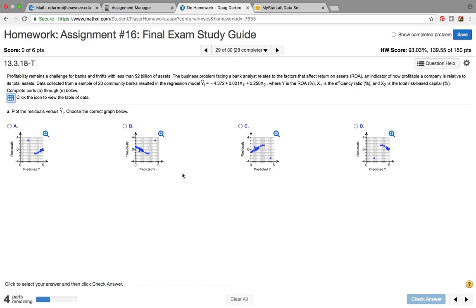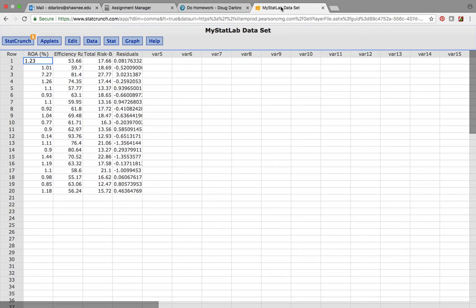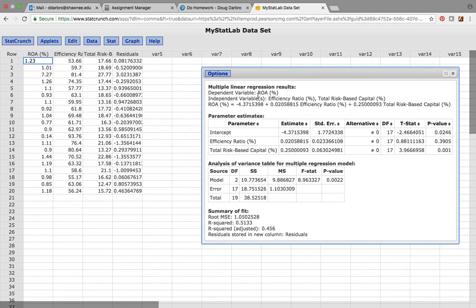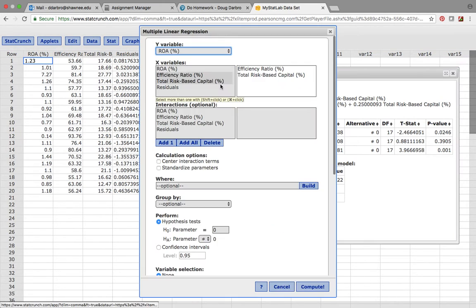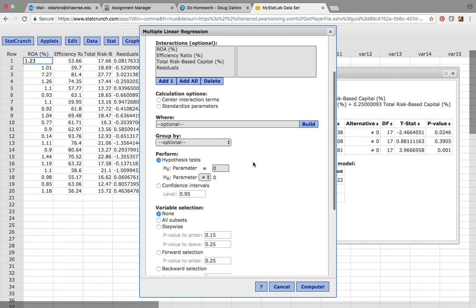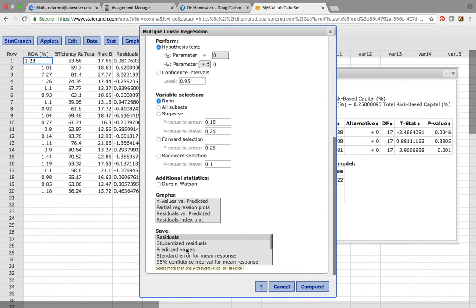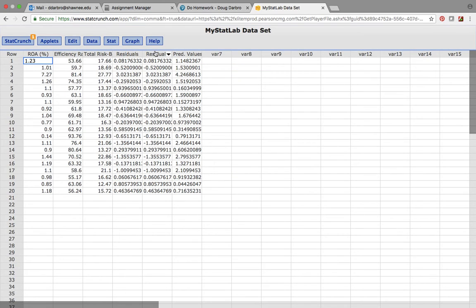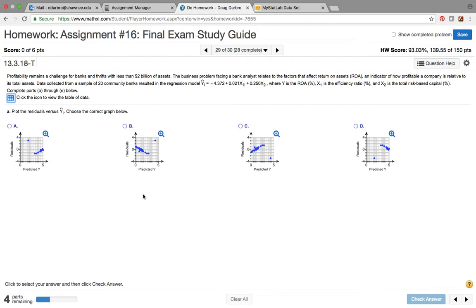Now we want to replicate this graph, so we want our predicted y. Actually, we should have stored our predicted y2. So now we want our predicted y, and let's take a look again. Our predicted y is on the horizontal axis. Our residual is on the y-axis.